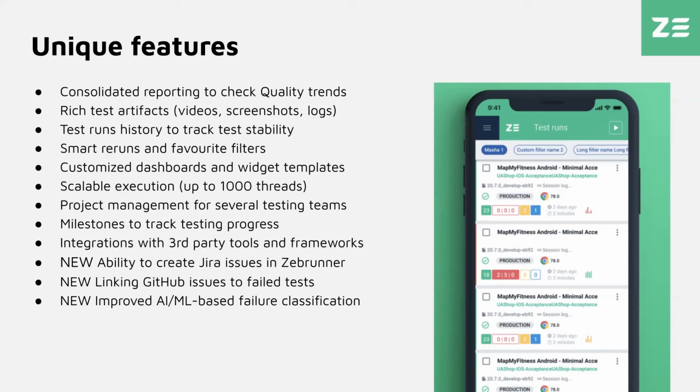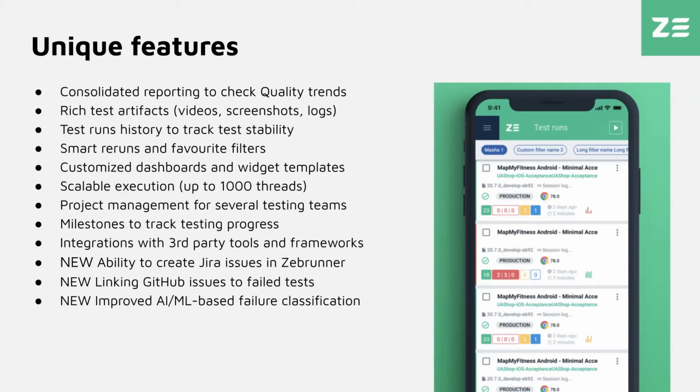So, for example, if you work in several testing teams, if you manage several of them, for example, if it's a service model or something like that, you can easily track the performance of every team in one workspace. So you don't have to buy several subscriptions, and all of this is available in one tool in one place.